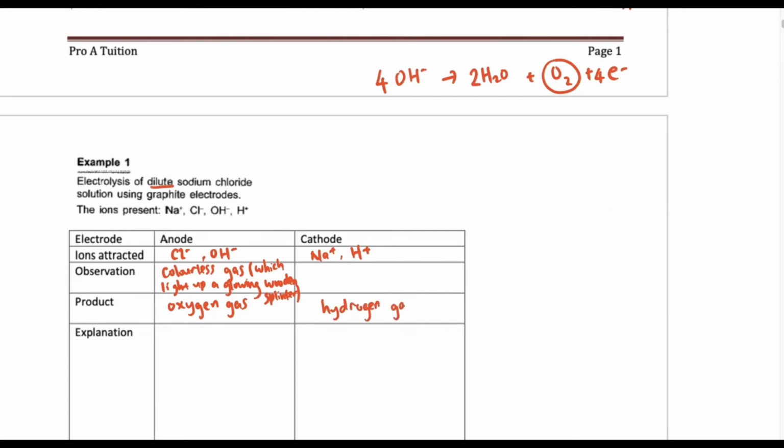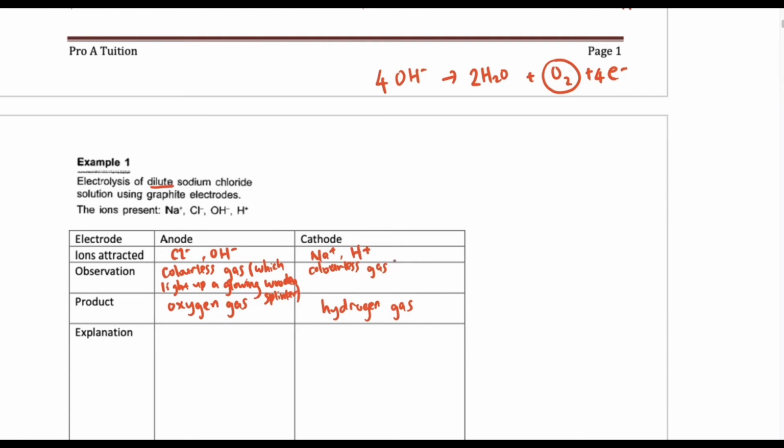Hydrogen gas. After that, what's the observation? You just write hydrogen gas, right? It is also a colorless gas. If both are colorless gases, how do we know which is which?